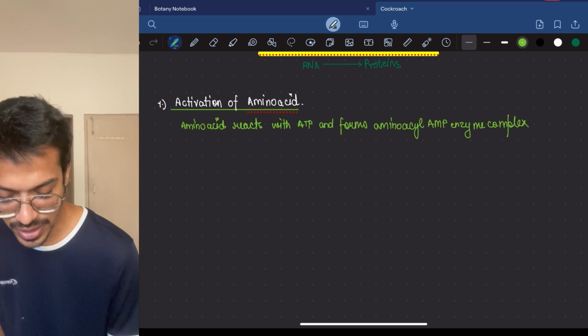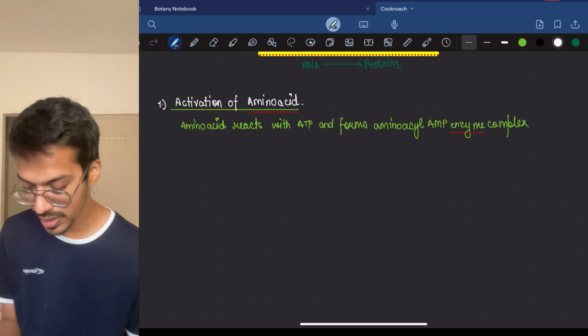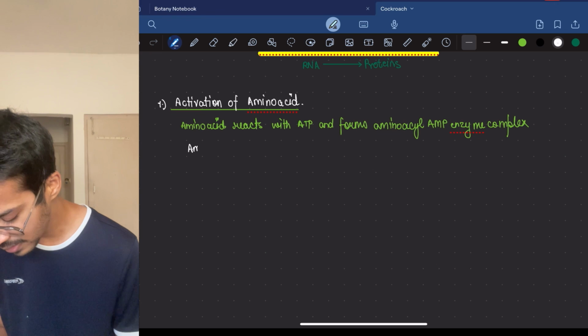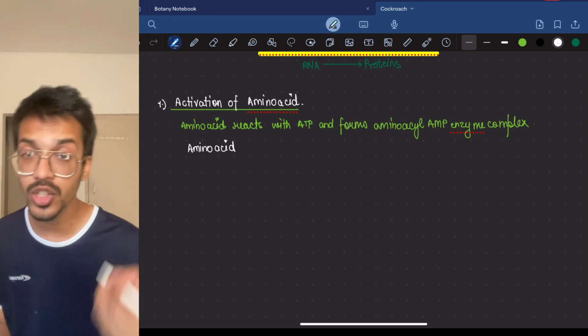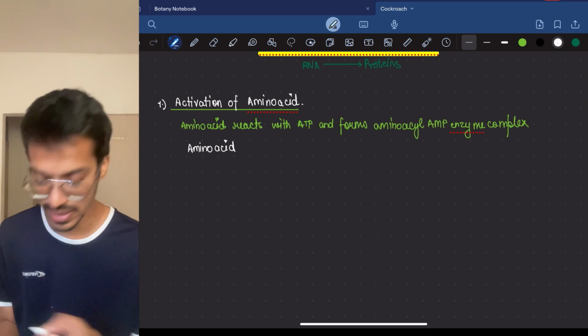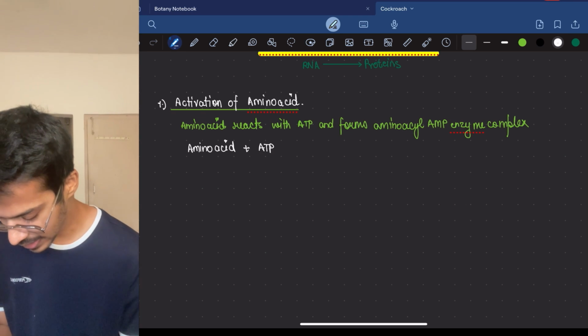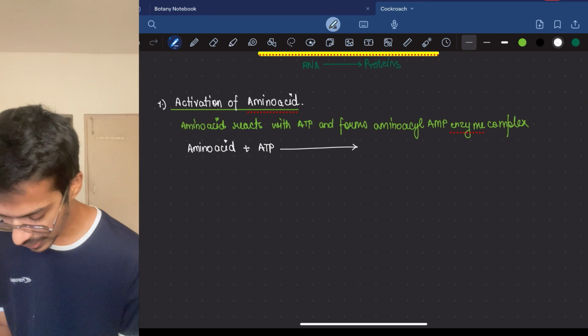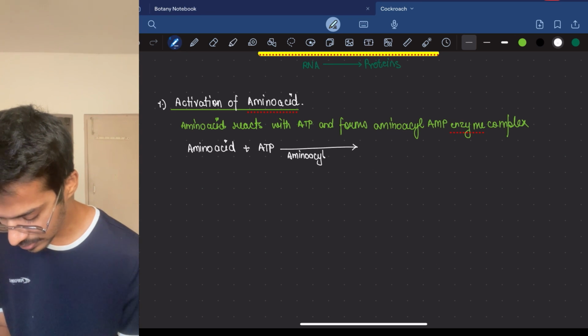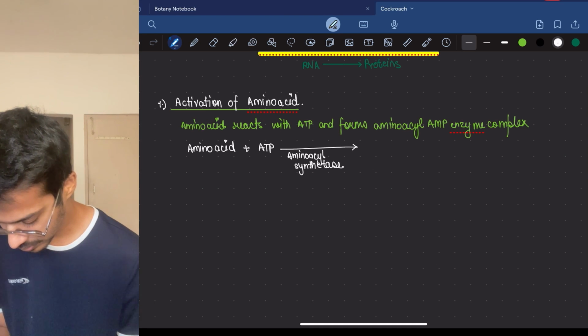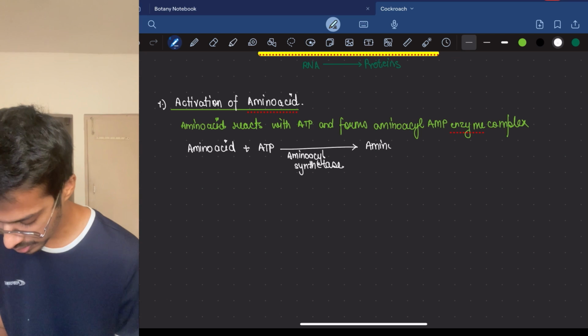So if we had to see it in the reaction form, how the reaction will look, it will be something like that. Whatever be the amino acid, there are 20 such amino acids we need for protein synthesis. It reacts with ATP in the presence of an enzyme called aminoacyl synthetase, and it forms what?